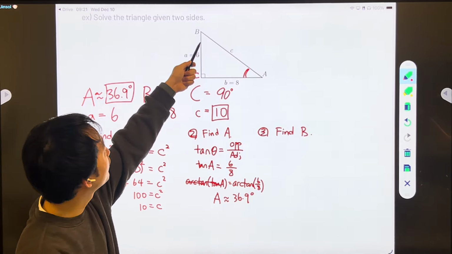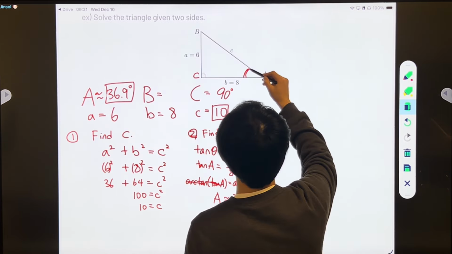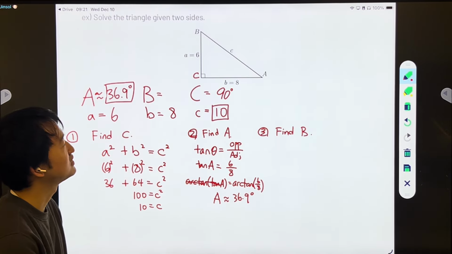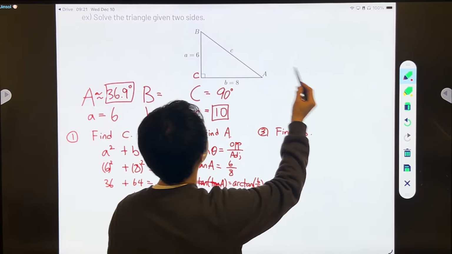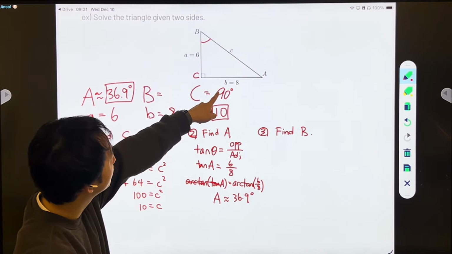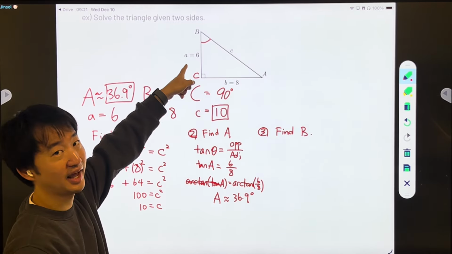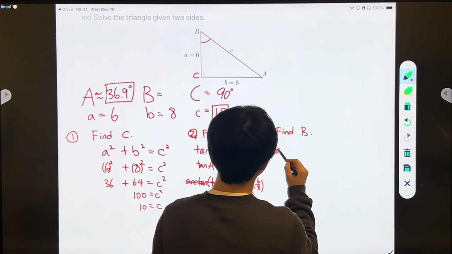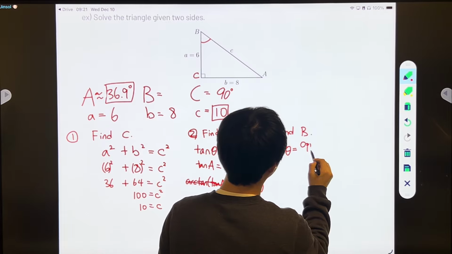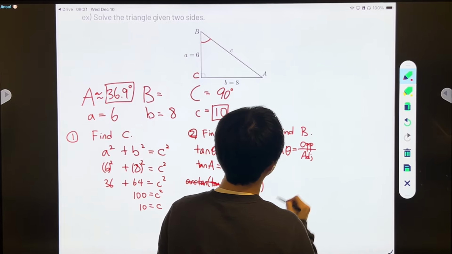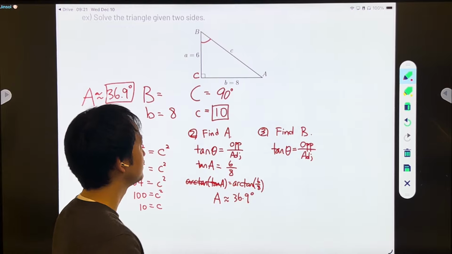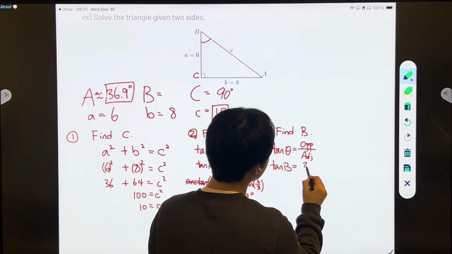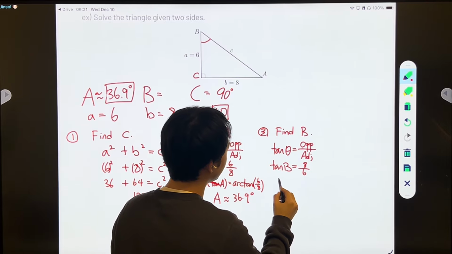So in this case, for the angle B, I'm going to once again only rely on the fact that side A is 6 and side B is 8. So from the perspective of angle B, I think we can call the side B opposite and side A adjacent. So we're going to use another tangent ratio. So write down the formula. Tangent theta is equal to opposite over adjacent. And in this case, the angle is B, and the opposite is 8, and the adjacent is 6.